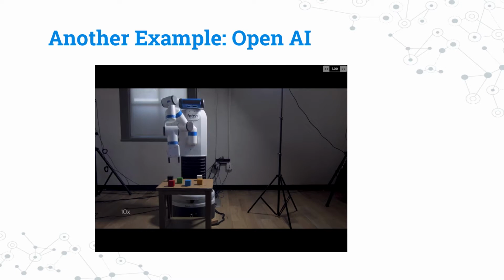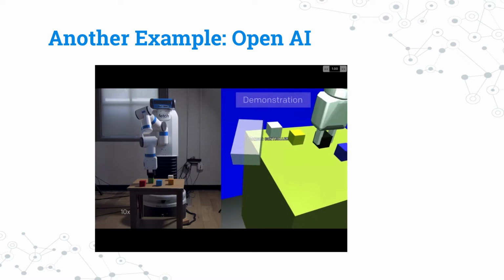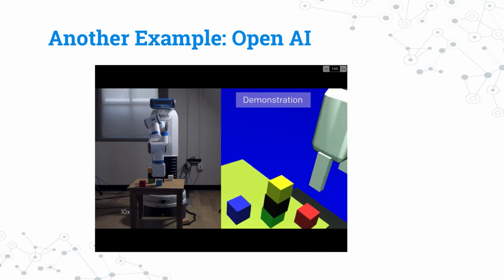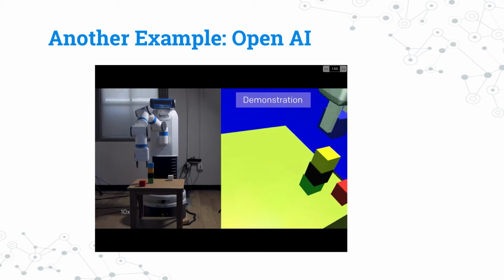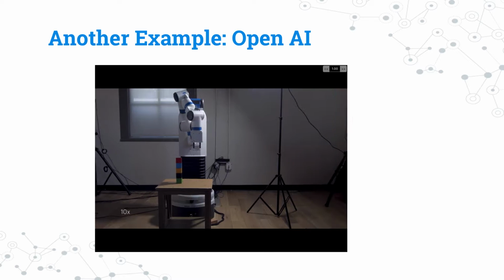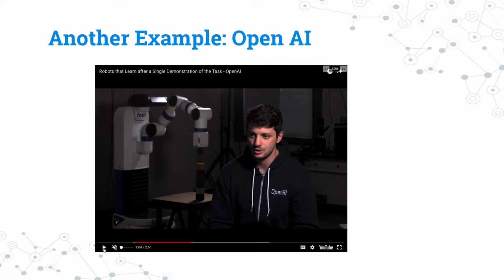When it performs the task, the environment is slightly different than when the person showed the task to it. As you can see, the person is dropping the blocks a little bit more than the robot is. So it's understanding, based on previous knowledge, what parts of the demonstration are most important, and using that knowledge to complete its task on its own.